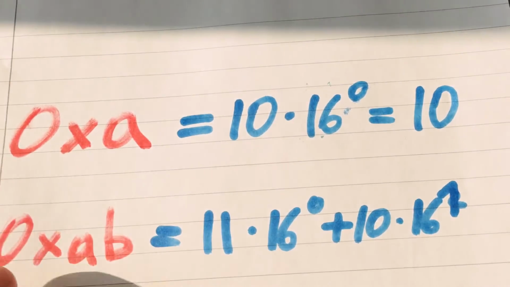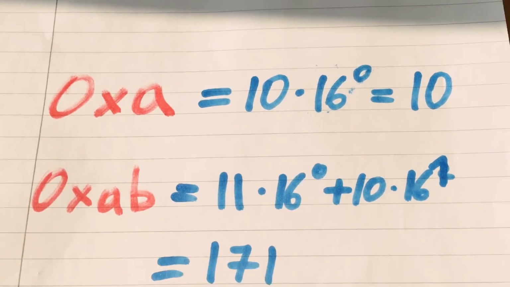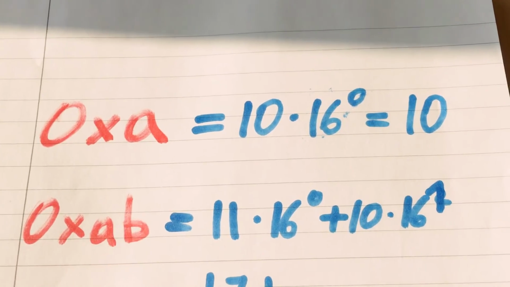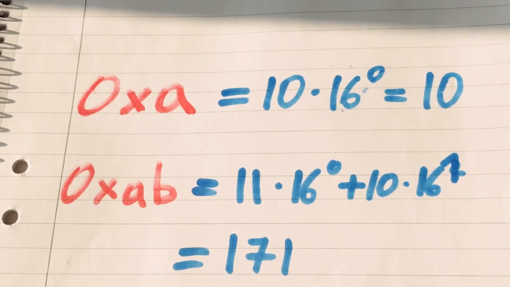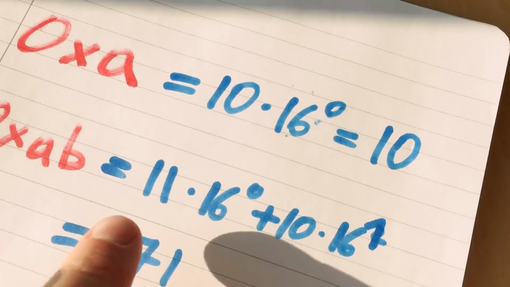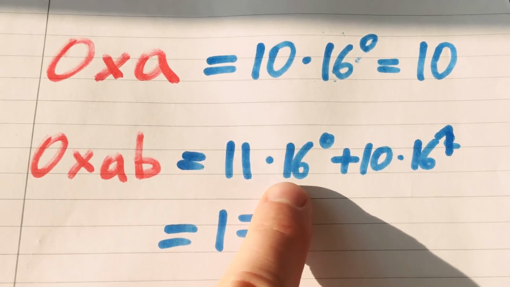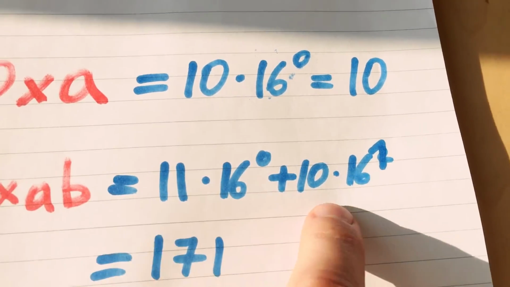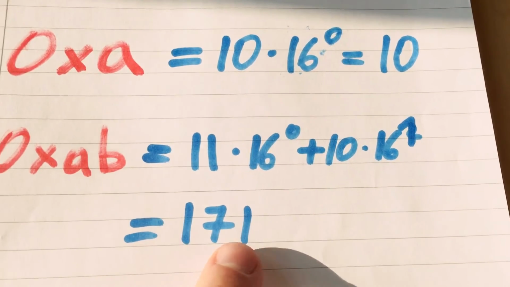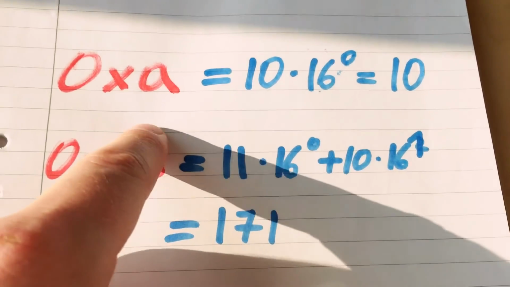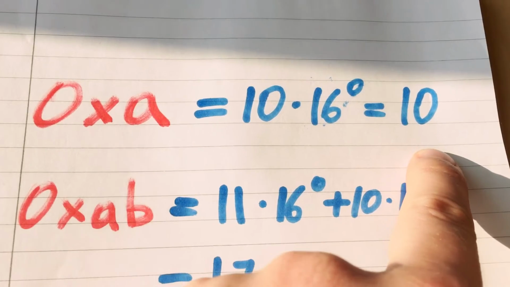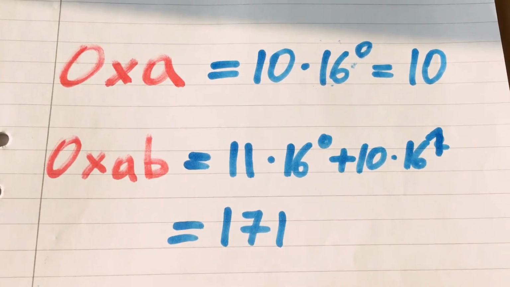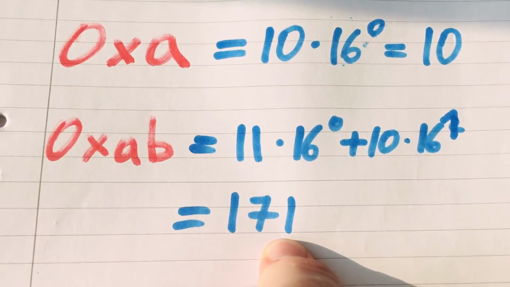Once again, we ignore the 0x because it doesn't mean anything, and we just look at A and B. And as before, we start from the end. And so we take B, which is 11. And therefore we take 11 times 16 to the power of 0 plus 10, which is A, times 16 to the power of 1. And we get 171. So A is equal to 10 in base 10, and AB in base 16 is equal to 171 in base 10.